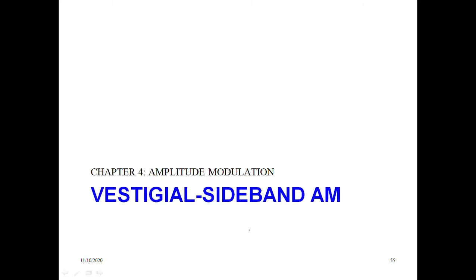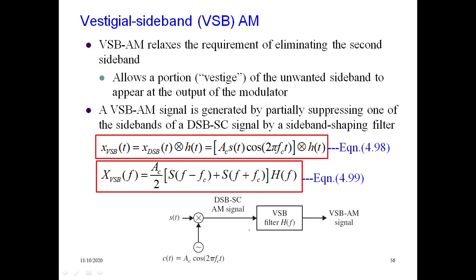Alright, so the fourth type of modulation is vestigial. I'm not going to cover the example or detail, but more or less the formula is we play around with the double sideband and multiply with a filter. This sideband shaping filter convolved with double sideband, convolved with h(t).